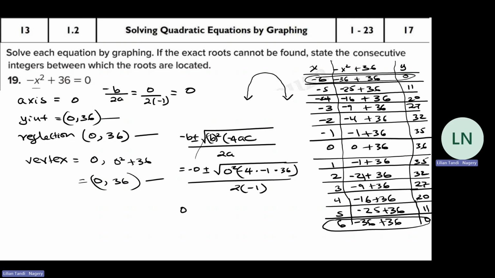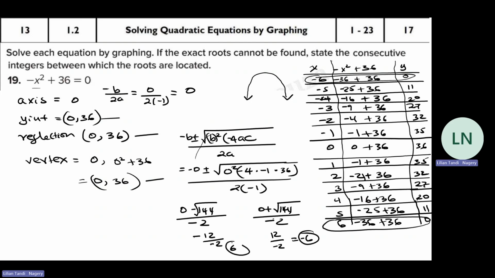So you should end up with 0 minus the square root of 144 over negative 2, or 0 plus the square root of 144 over negative 2. So this should give you negative 12 over negative 2, which gave you 6. And this should give you 12 over negative 2, which gave you negative 6. So those are your solutions. Your roots are negative 6 and 6.